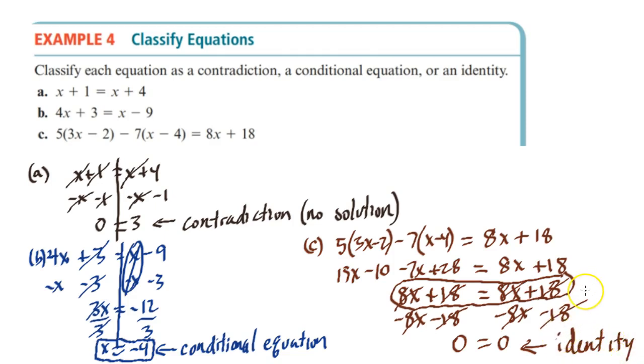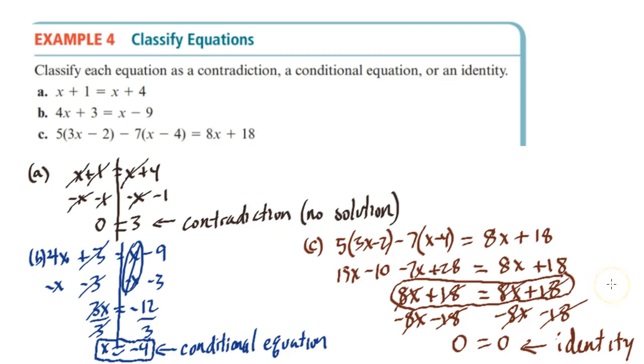And you could also have stopped at like 18 equals 18, and as long as you notice that it's always true, that no matter what value you plug in for x, the left side of the equation will always equal the right side of the equation, then you know you have the identity property. And remember, identity property is an equation that is true for all values.